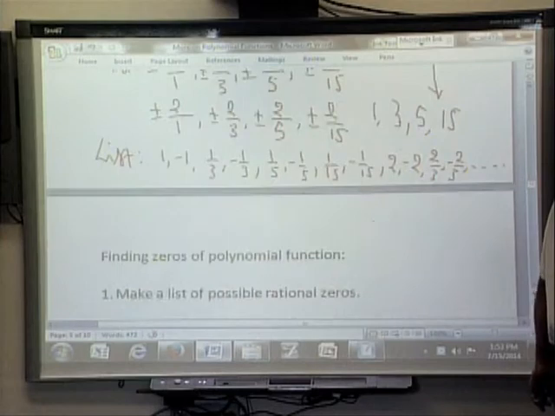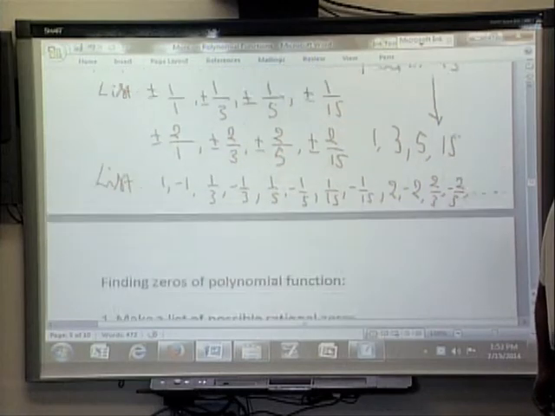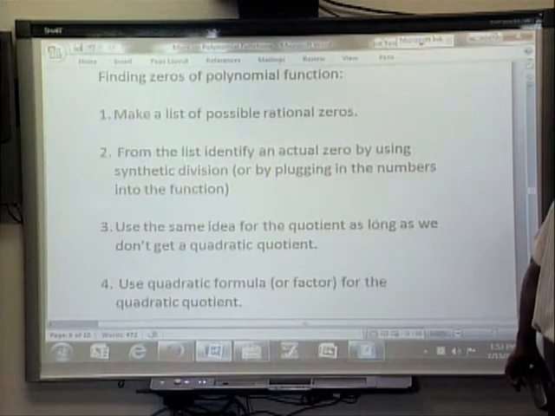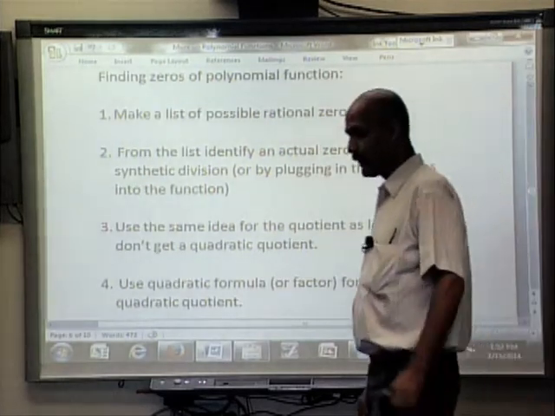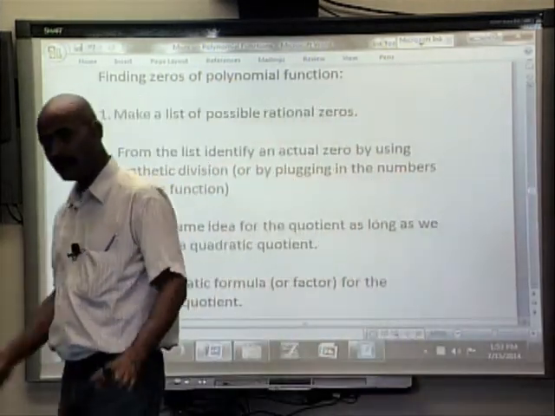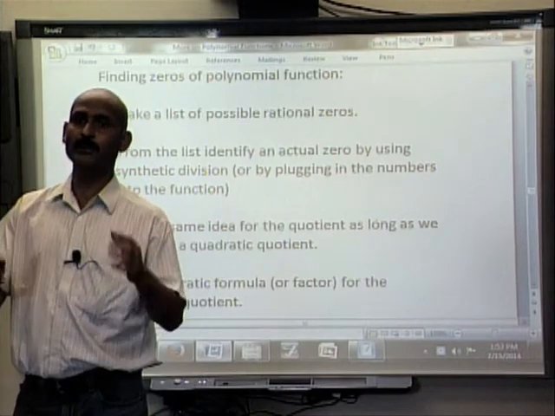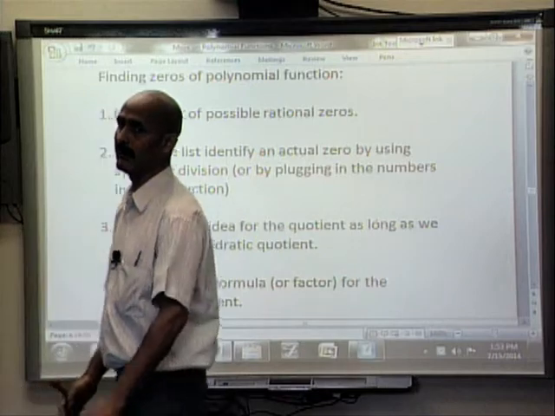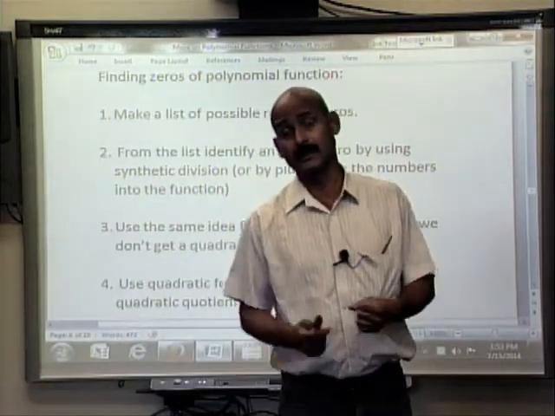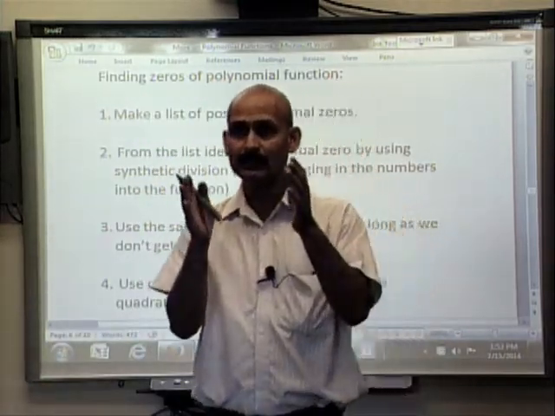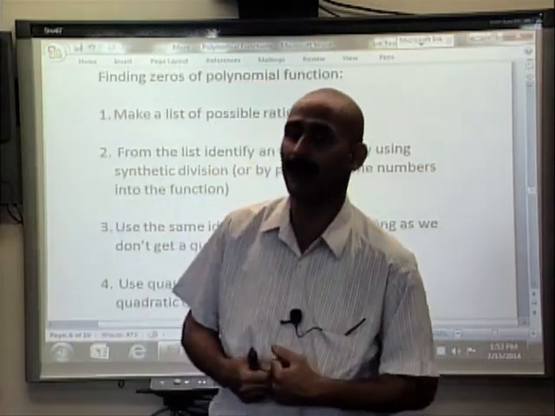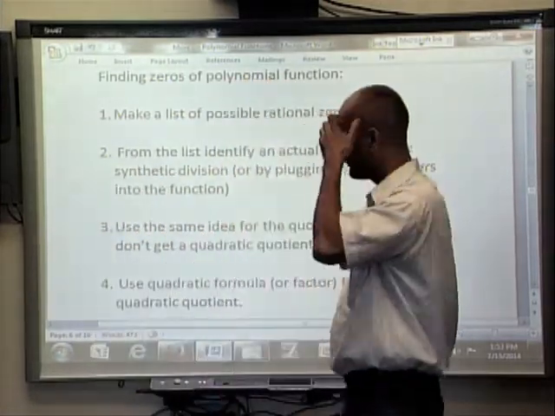This is the application of the rational zero theorem. If we apply the rational zero theorem, we will be able to make a list of possible candidates for the zeros of the polynomial. At least something is better than nothing. So, we have a small list of numbers which we can try and identify which of them are the rational zeros.